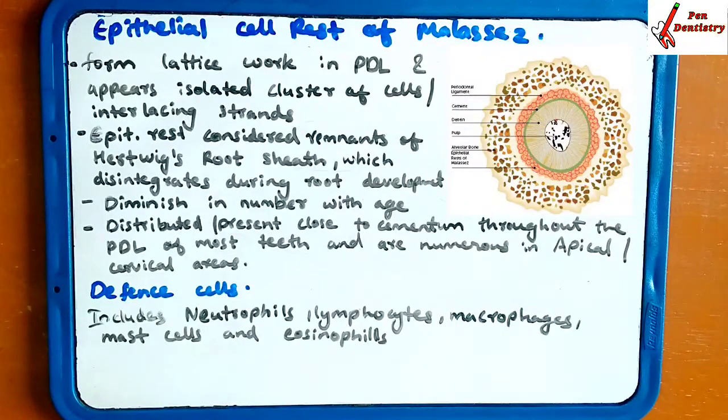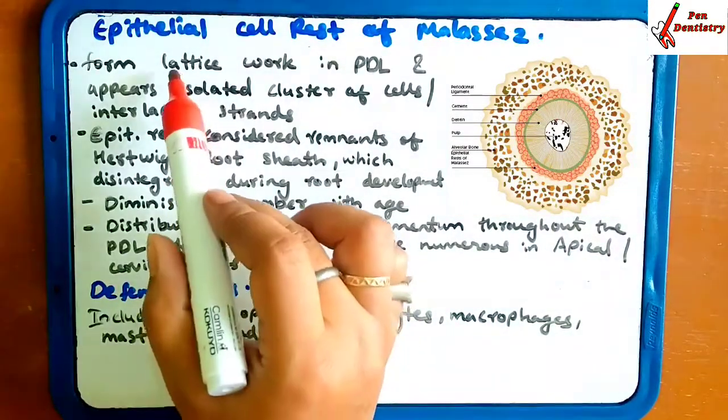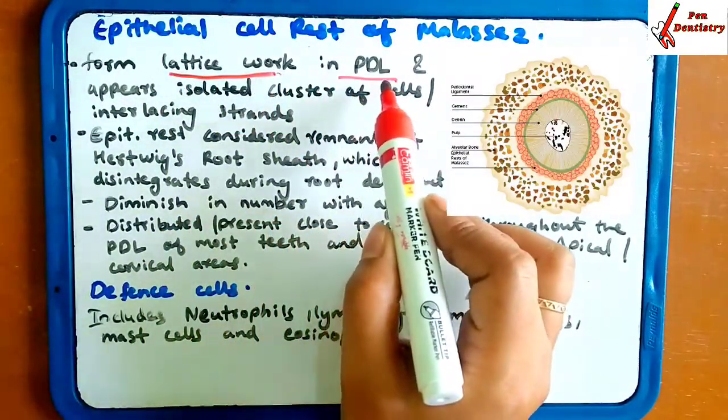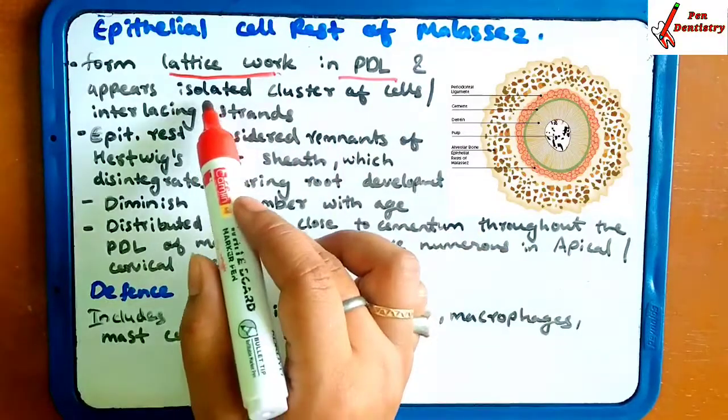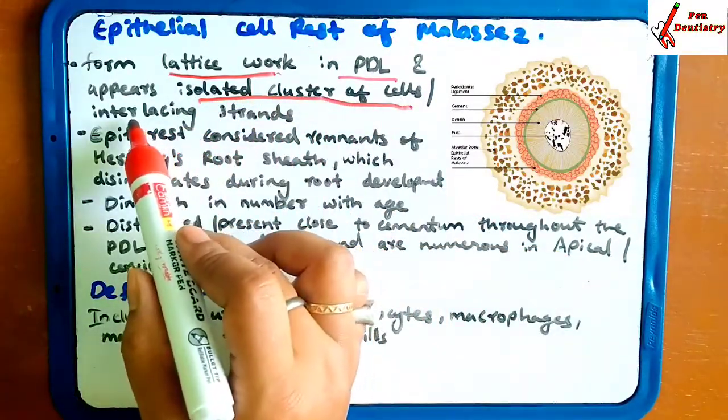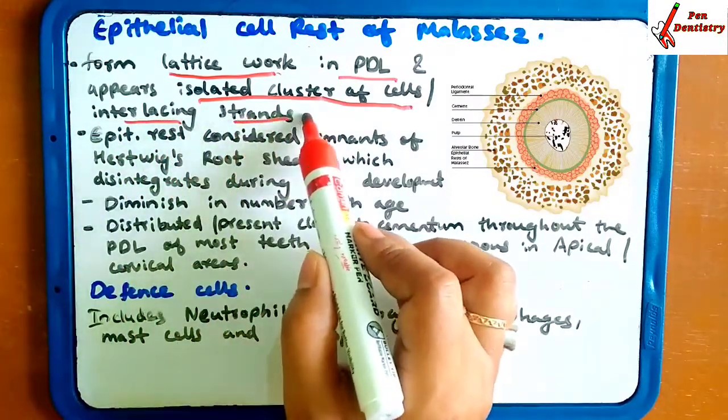Epithelial cell rests of Malassez. These form the lattice work in PDL fibers and appear as isolated clusters of cells, or they can appear in interlacing strands.